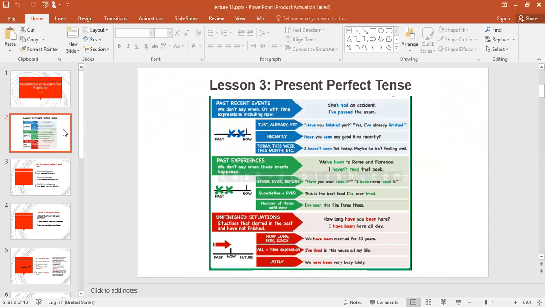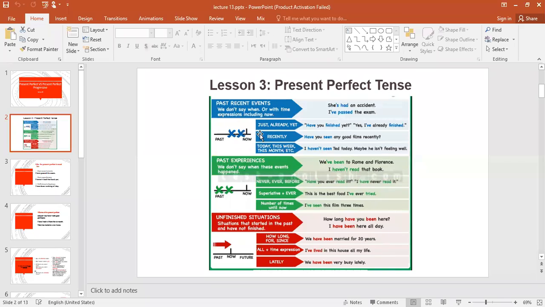First of all, let's talk about the uses of the present perfect, okay? Why do we use the present perfect? First of all, we use it for past recent events, and I have explained in the video what we mean by past recent events. Events that happened in the past, but not in the very far past. You can look at the timeline here.